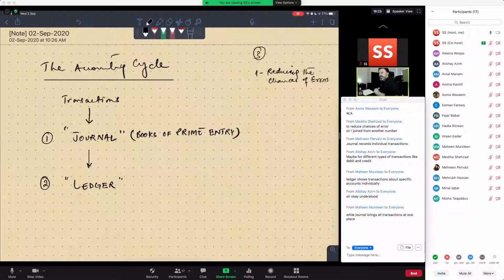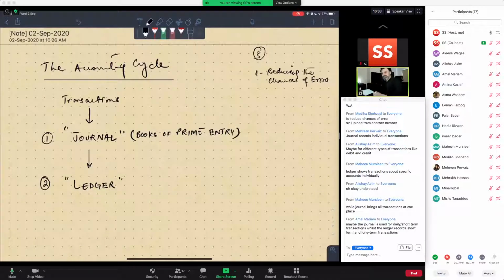Okay. This Maheen was saying while journal brings all transactions at one place. Yeah. Okay, let me just save time here and start moving. Amal has some answer too. Maybe the journal is used for daily short-term transactions while the ledgers record short-term and long-term transactions.